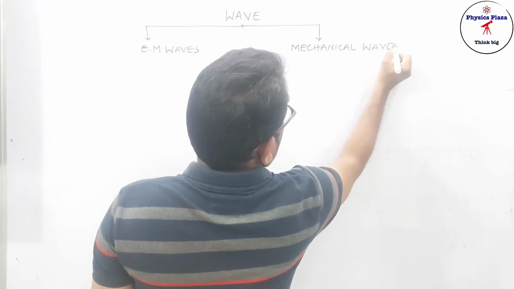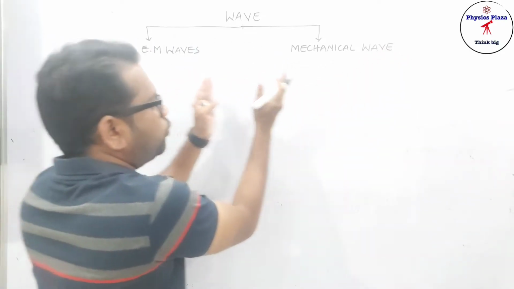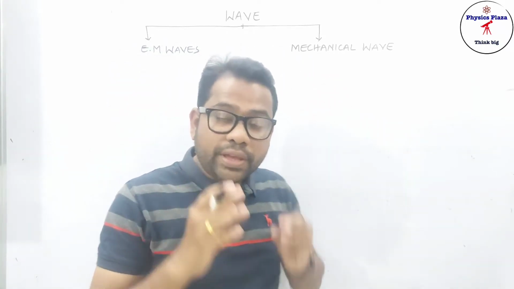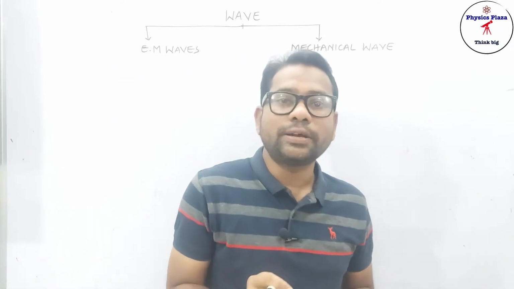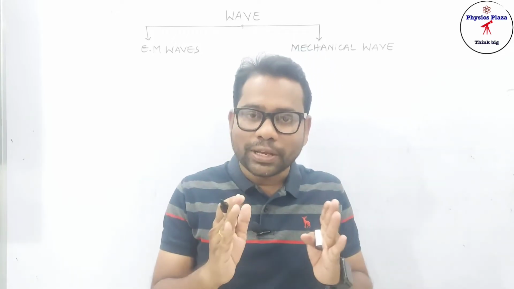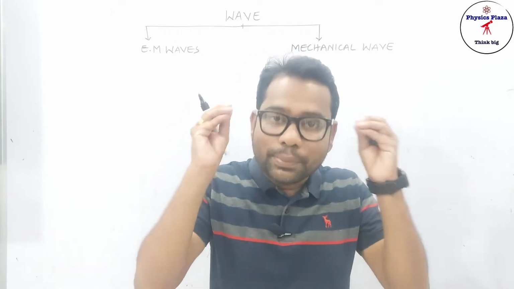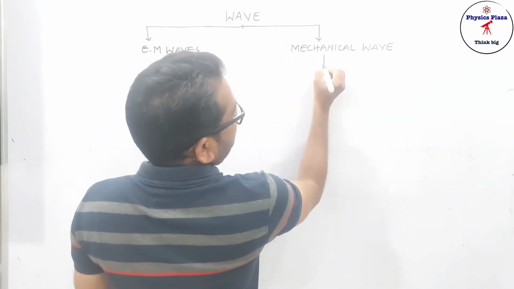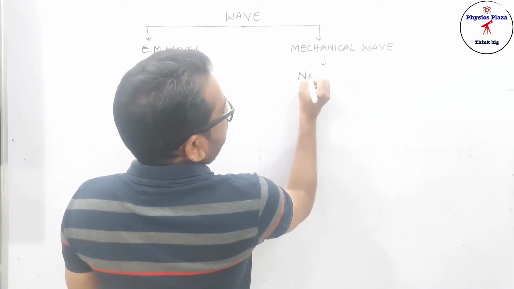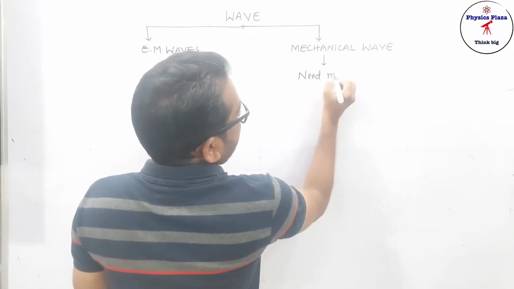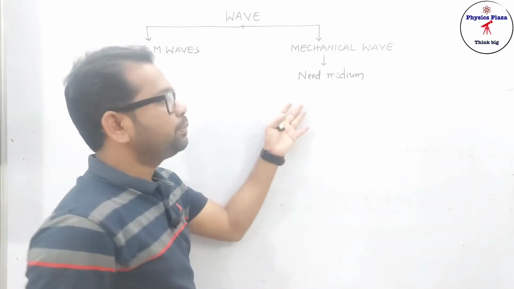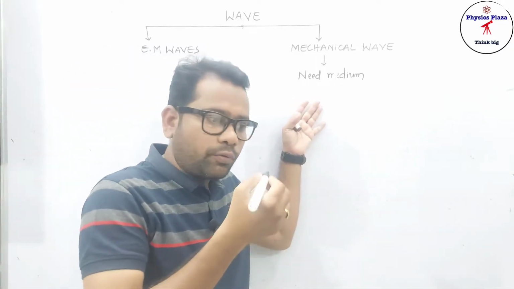So children, what are electromagnetic waves? What are mechanical waves? The waves which require a medium to propagate, meaning without a medium they cannot travel. So a medium is mandatory. Such waves are called mechanical waves. Need a medium, very important. Again I am telling you, it might be a liquid, a gas, or a solid also.